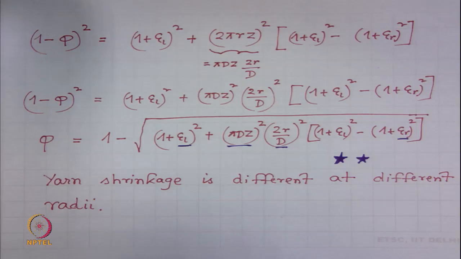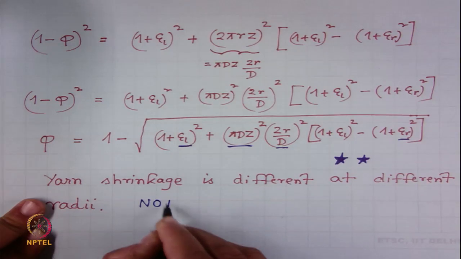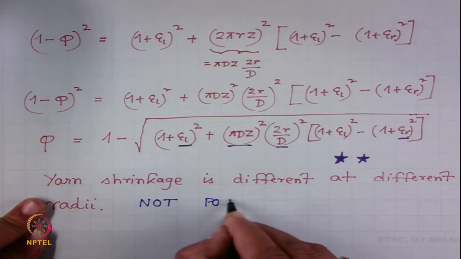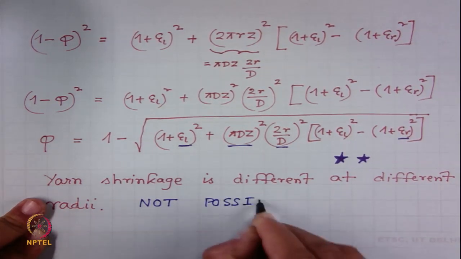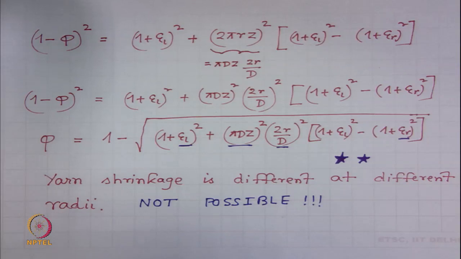This is not possible. How a yarn can show different values of shrinkage at different radii? This is not possible. That means, there is something interesting.